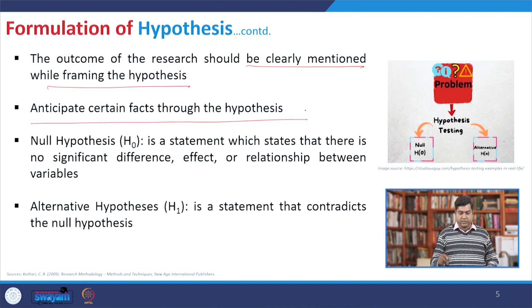Anticipate certain facts through the hypothesis: what you think could be the possible reason, you can take up as a research hypothesis. In hypothesis we normally define it this way: the statement that there is no significant difference, effect or relationship between variables.